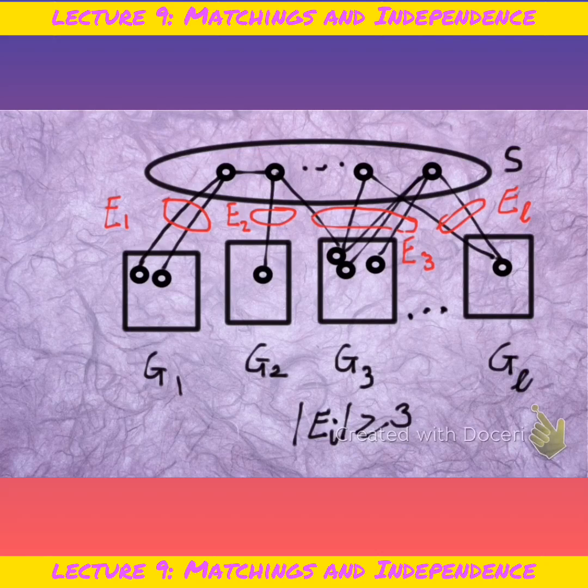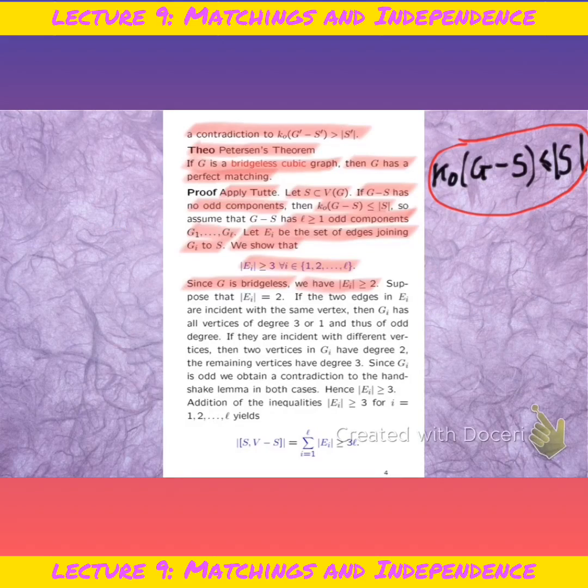So obviously you need to have at least two edges there. Right, so let's prove now that it must be at least 3. So let's suppose there exists a set Ei where the cardinality is exactly 2.